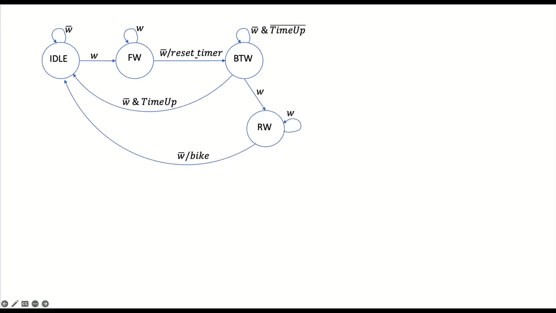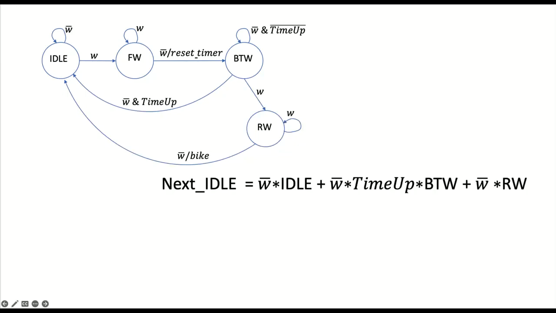We don't have to make a state transition table. We don't have to fill in K-maps. Instead, what we're going to do is write the values for each next state. So when am I going to idle?